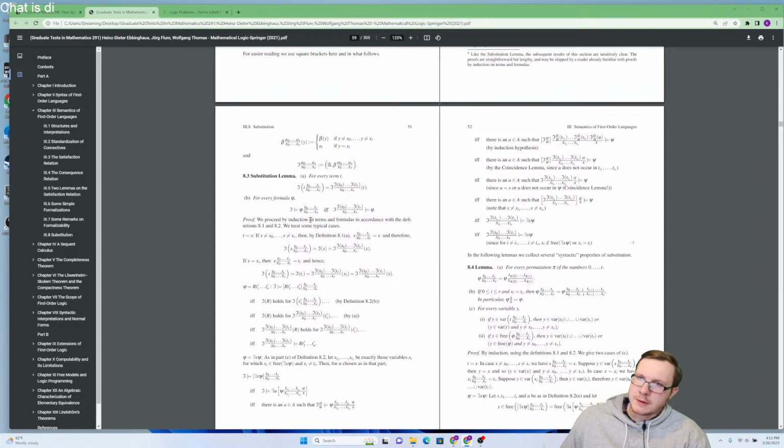So if we want to prove it, what we have to show is that the interpretation holds under the formula substitution if and only if the interpretation substitution holds.